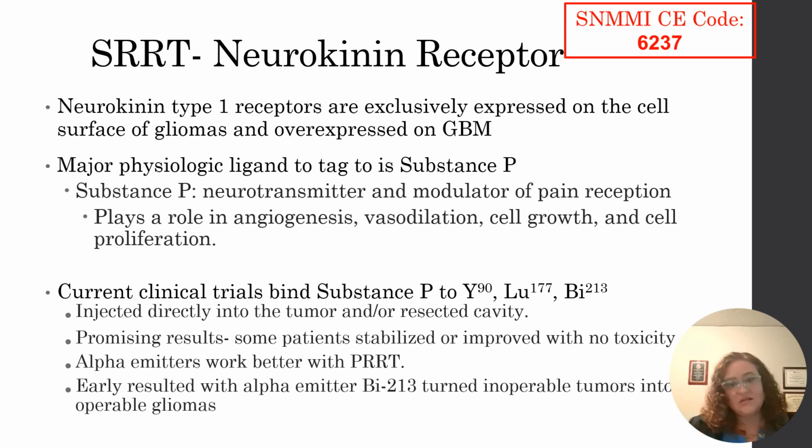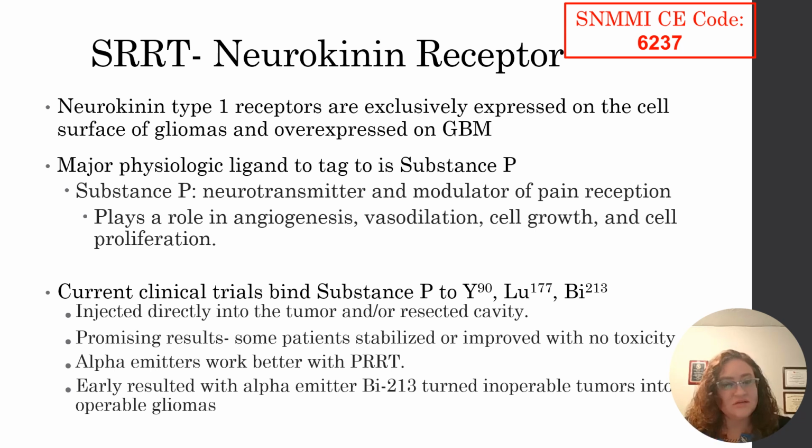Another one is neurokinin type 1 receptors that are exclusively expressed on the cell surface of gliomas and overexpressed on glioblastomas especially. And then there's another major physiologic ligand to tag, which is substance P. Substance P is a neurotransmitter and a modulator of pain reception, and that plays a role in angiogenesis, vasodilation, cell growth, and cell proliferation.